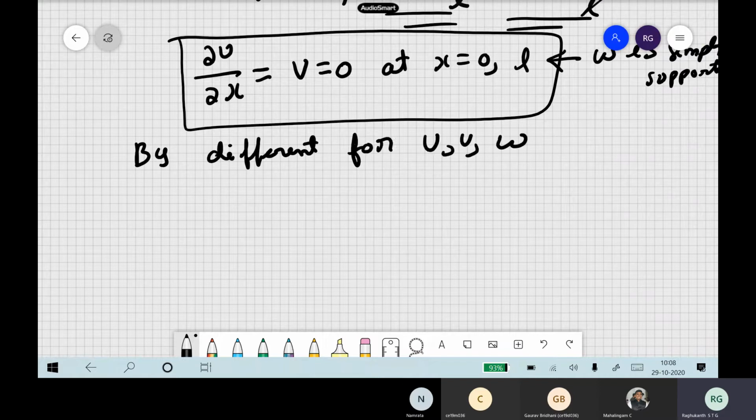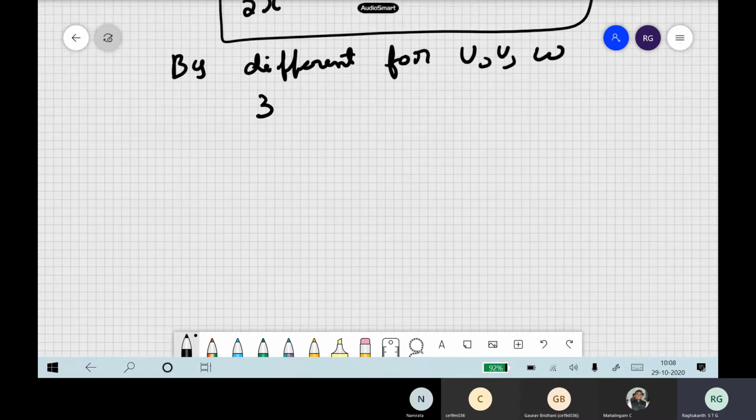Suppose you want different boundary conditions, then you cannot solve that 8th order equation. You have to go back and solve the three coupled PDEs, not the 8th order one.